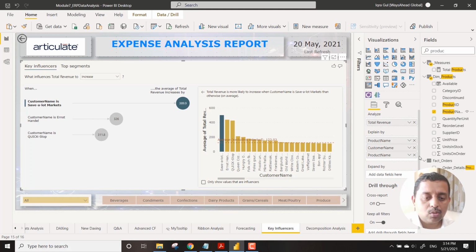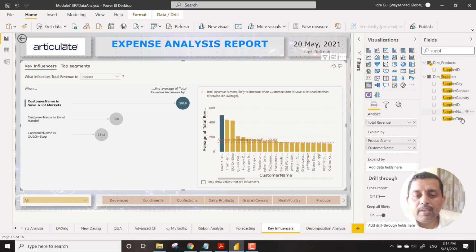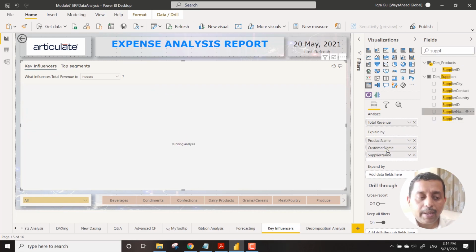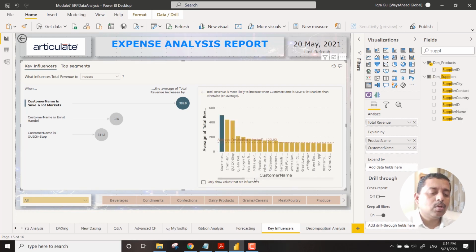Even if I remove it, I don't get any different analysis. Maybe the supplier can give me some insights, but let's see. It is also not giving me any analysis. So now it is showing product and customer.